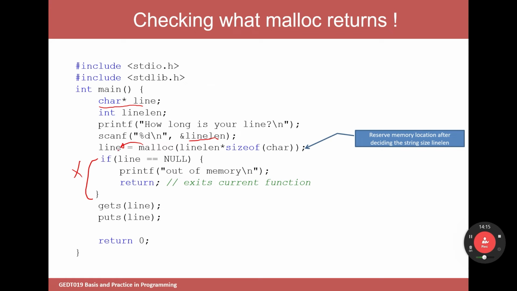But if it returns null, in this case line will equal null, then there is not enough memory. So you will exit. Else, if this one never runs, that means everything is okay and I successfully reserved memory. In this case, I can read the contents from the user, save them to the line string, and then print this.